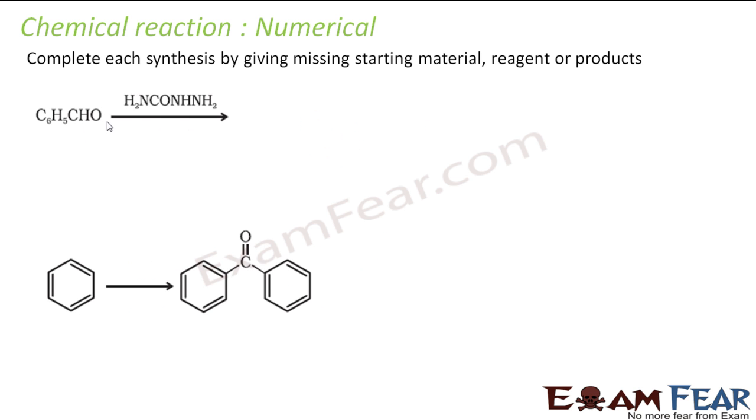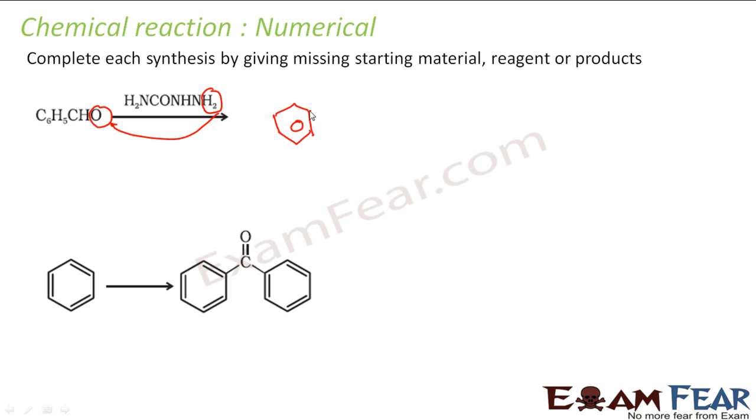Next is this C6H5CHO and NH2CONH2. I think we have done this reaction, where we have told that this hydrogen and this will come out. We have shown the reaction mechanism. You can watch the previous video where we explain the reaction mechanism of this.